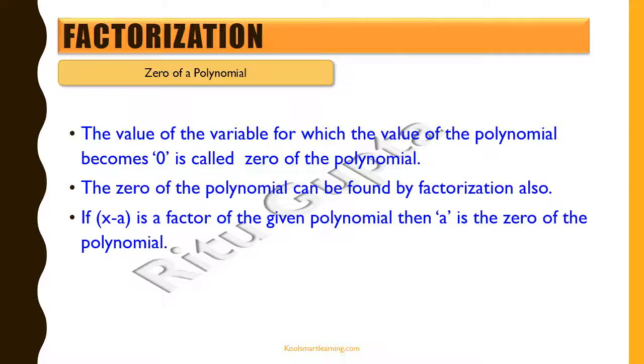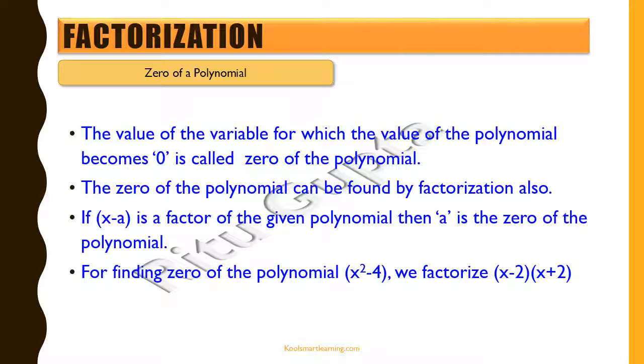If x minus a is a factor of the given polynomial, then a is the zero of the polynomial. Say for example, we take the expression x square minus 4 and we factorize it as x minus 2 into x plus 2.